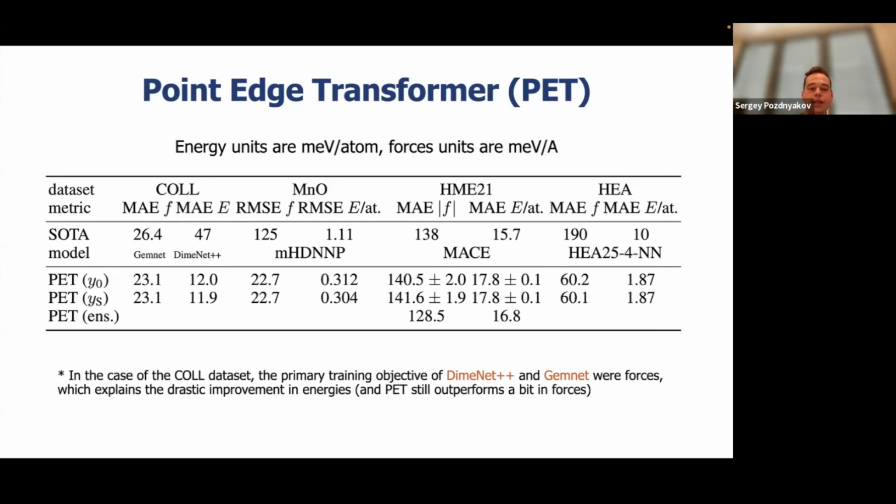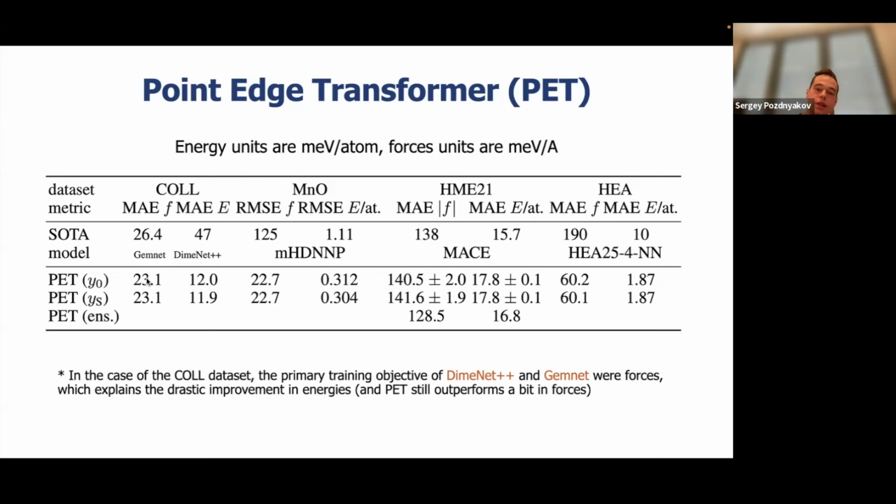The reason for this is that the primary training objective for both DimeNet and GemNet was forces, which explains such a massive improvement in energies, but PET simultaneously manages to also improve a bit the performance in forces, like 23 versus 26.